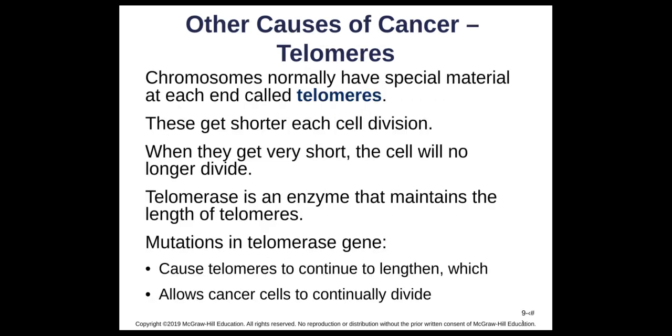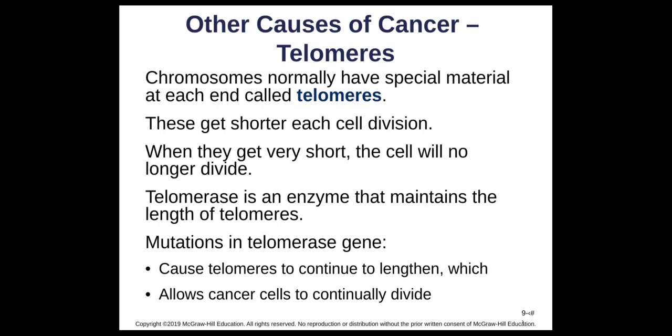Some other causes: your DNA, all your chromosomes, when they condense, they have these little tails on them called telomeres. And it's not that it's junk DNA, but it's DNA that's not responsible for coding any usable proteins. And so every time your cells divide, these telomeres get shorter and shorter. When they get very short, the cell will no longer divide.